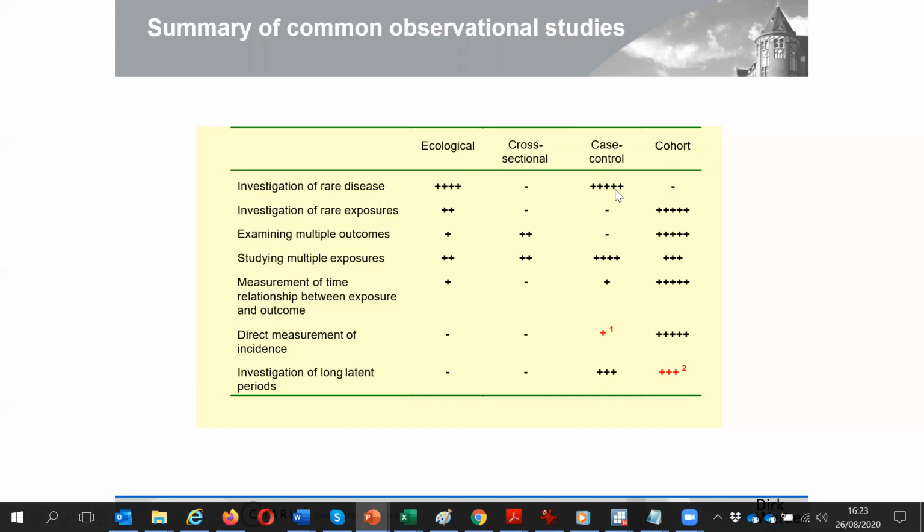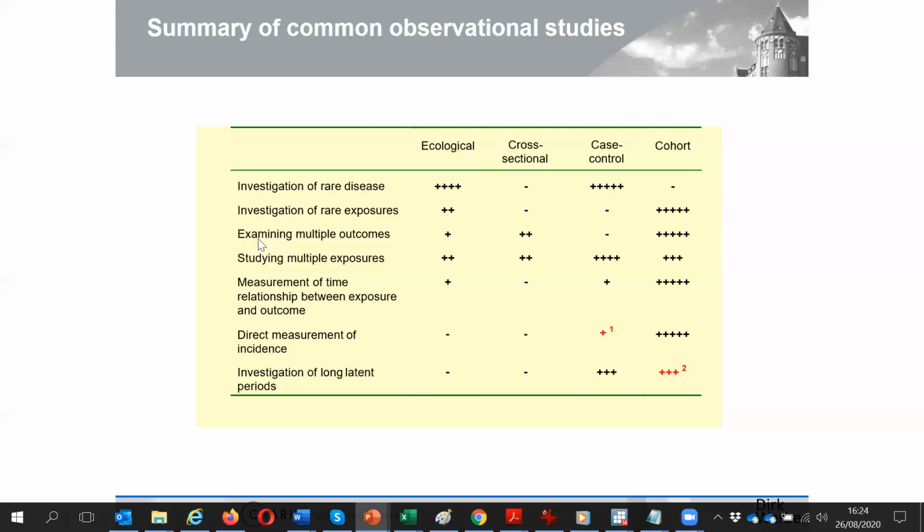So that's why it is good for investigating rare disease. For cohort, we select based on exposures. So it might not be really correct to assume we select based on disease, but in terms of suitability, they tend to tally.